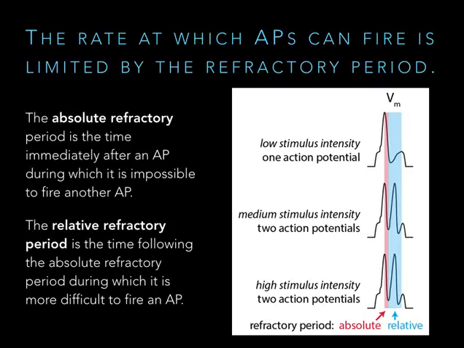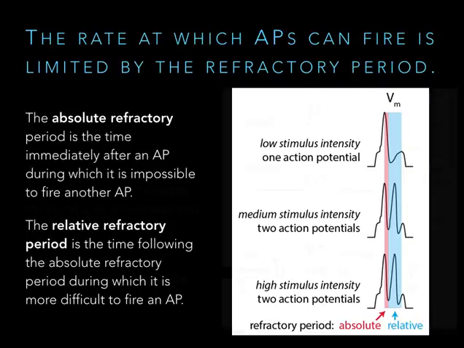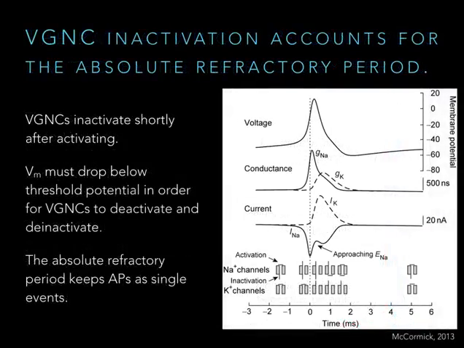It's a little more difficult, and that's why we need a stronger stimulus, but it's possible. It's absolutely impossible in the absolute refractory period because voltage-gated sodium channels inactivate. So before we have dropped below threshold potential and allowed the de-inactivation, it is absolutely impossible to create another strong sodium current.